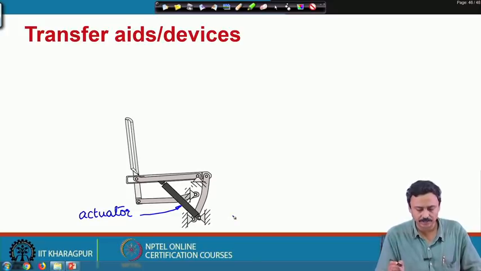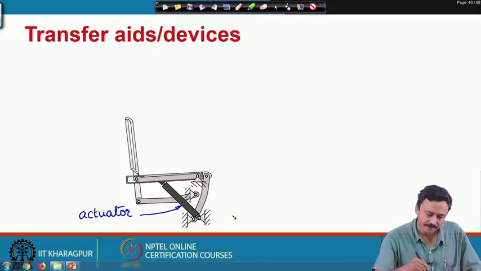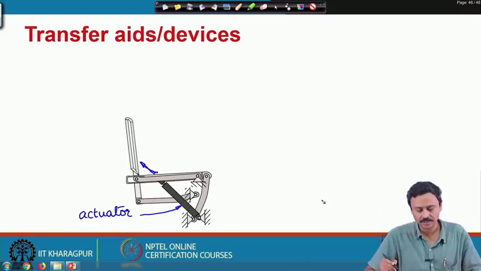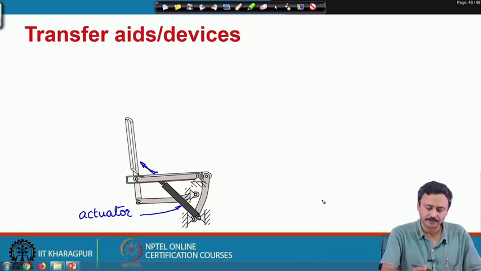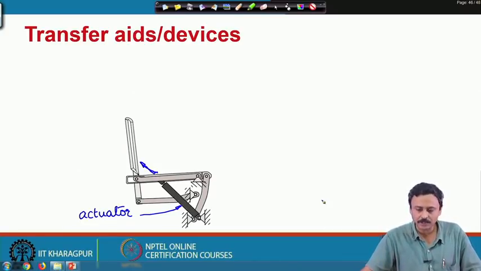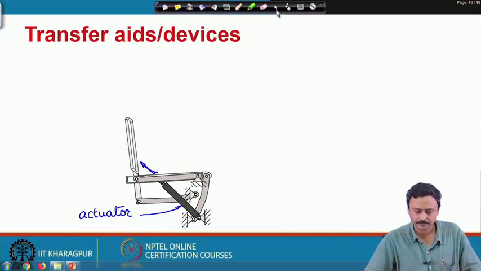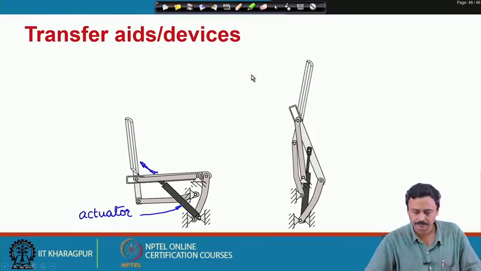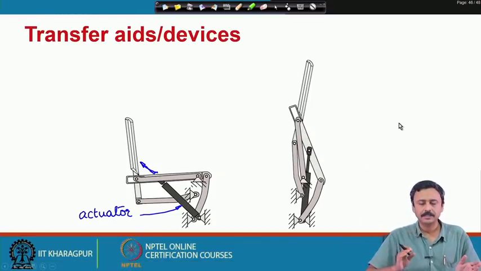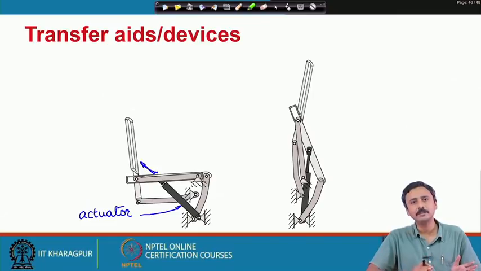Here is an actuator which can expand in this direction, and as it expands, of course, it will rotate, and let us see what it does. It takes this chair from the sitting position to the standing position.